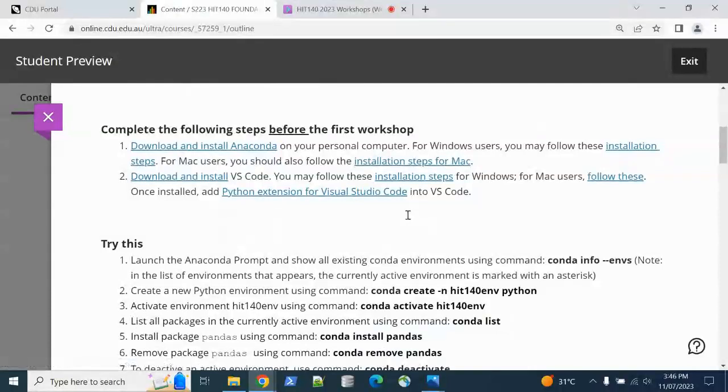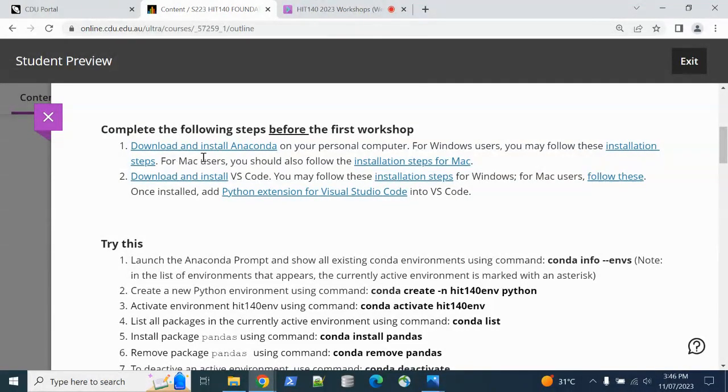On Mac, once you have installed Anaconda, please also download and install Microsoft Visual Studio Code. VS Code stands for Microsoft Visual Studio Code. That's the software that allows you to write your code. Installation steps are available right there, depending on whether you are working on Windows or Mac.